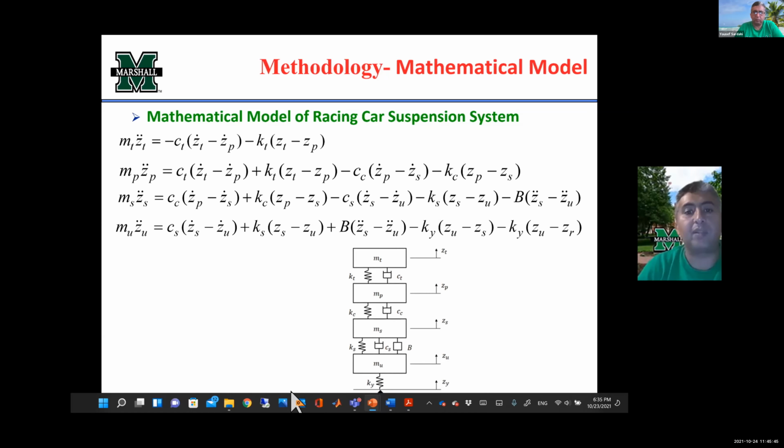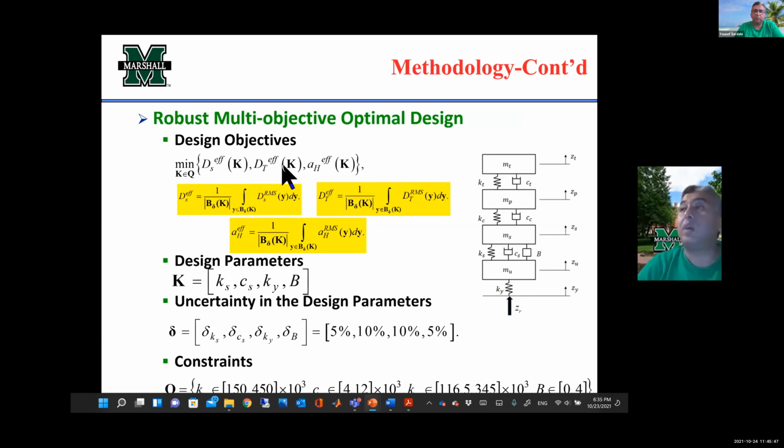So when we do the multi-objective optimization, we need to include more than one objective: the mean effective value of the suspension deflection, the tire deflection, and also the head acceleration. The mean effective values are calculated according to this equation, which simply says that you take the design parameters, which consist of these four design parameters: KS, CS, B, and KY, and then we perturb them in the neighborhood of delta.